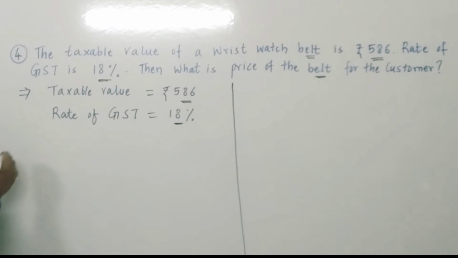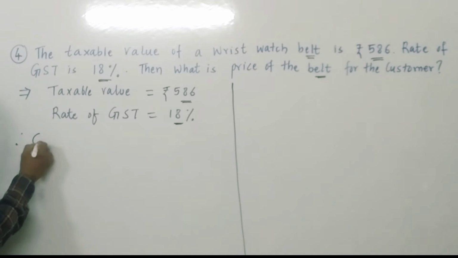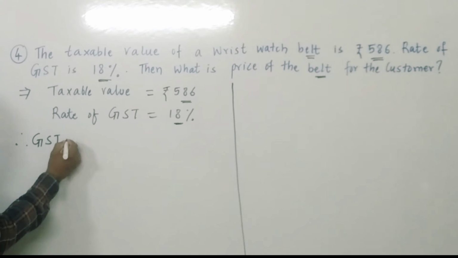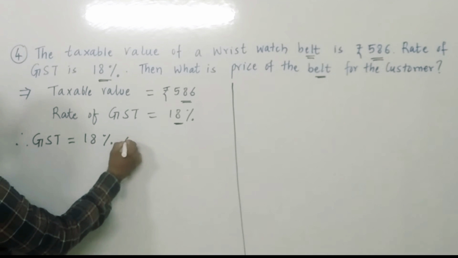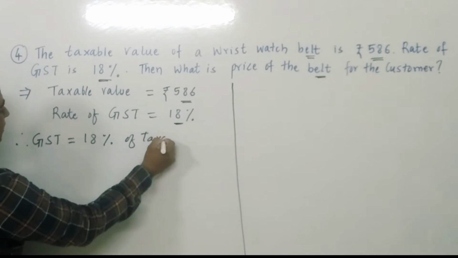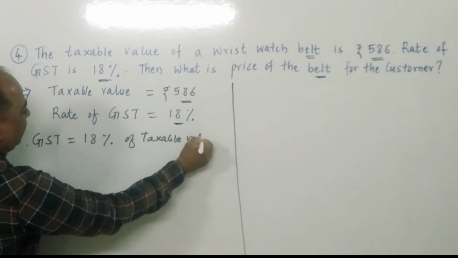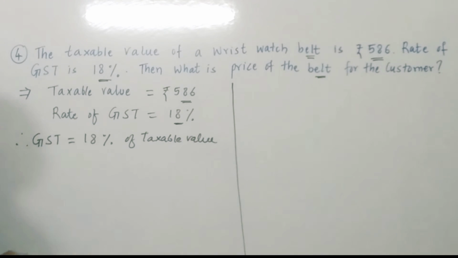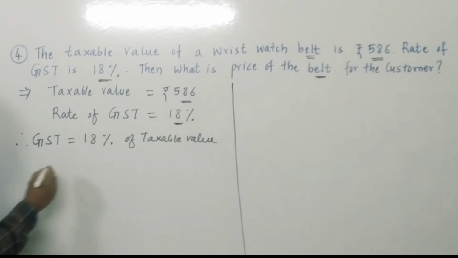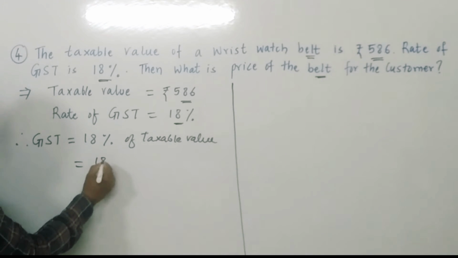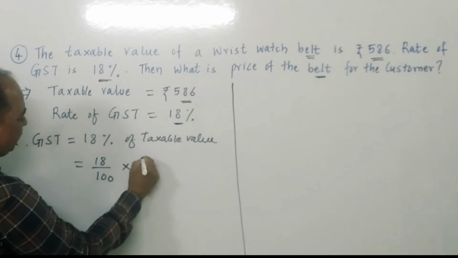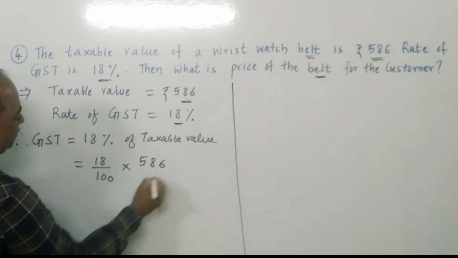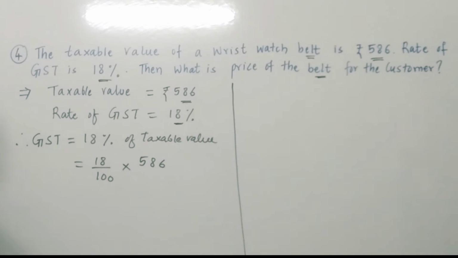So therefore total GST is equal to 18% of the taxable value of the wristwatch belt. So 18% means 18 upon 100 into the taxable value of the wristwatch, 586 rupees.